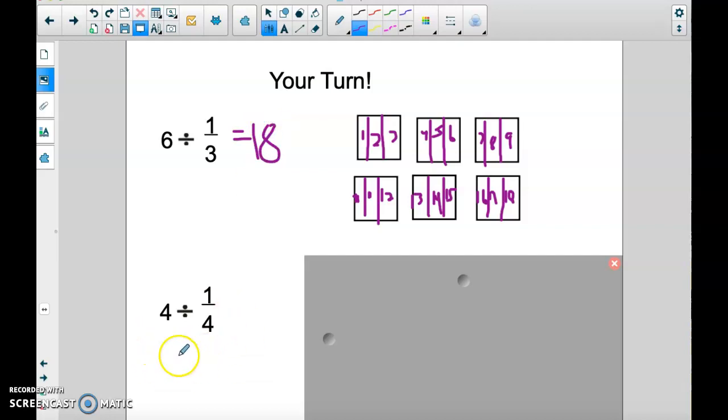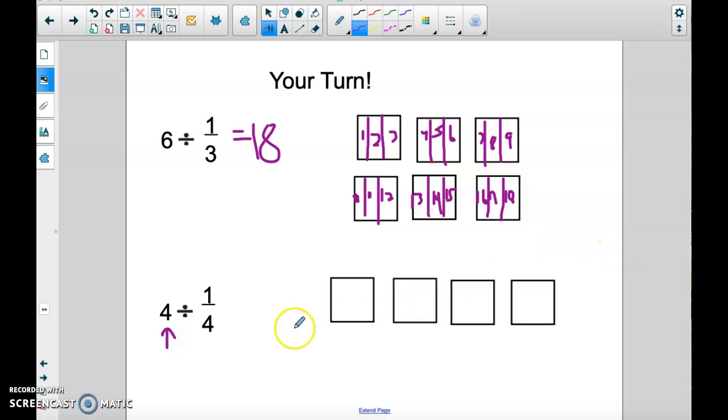Now for 4 divided by 1/4, we start with 4 wholes. So I'm going to draw out 4 wholes. How many 1/4s are here? One, two, three, 4.